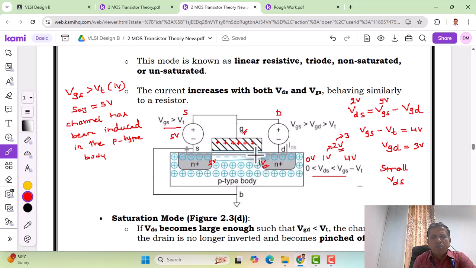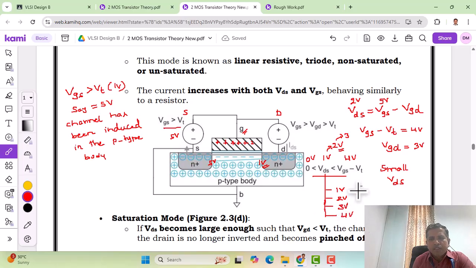But here in the linear mode, as we can see, we have varied VDS all the way from 1, 2, 3, to 4 volts.